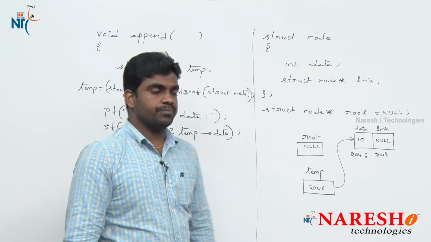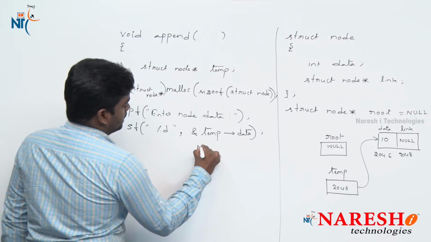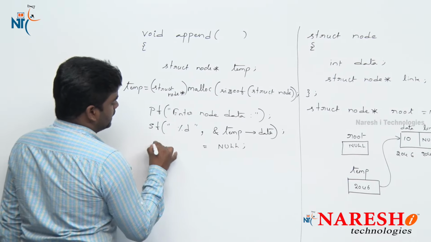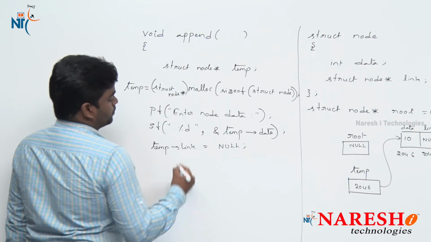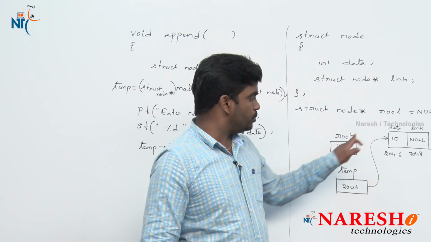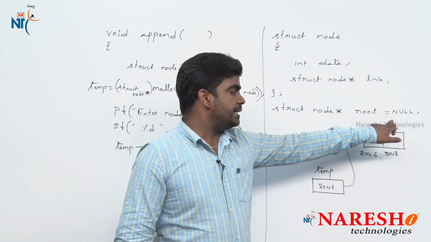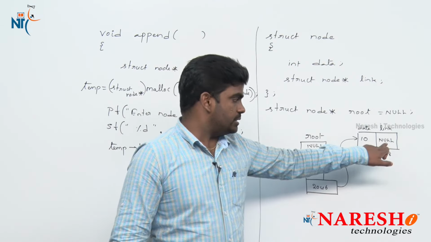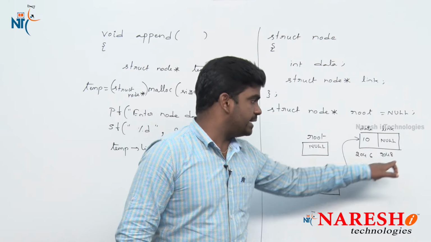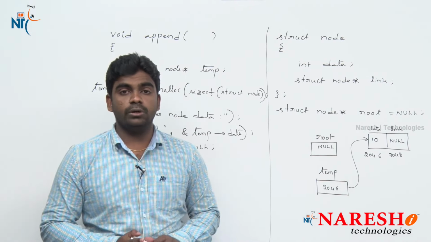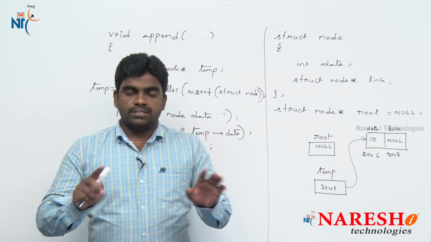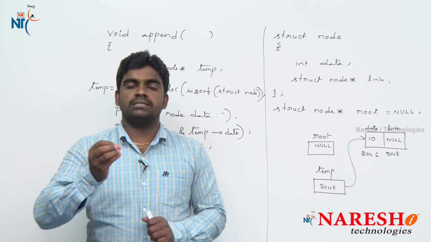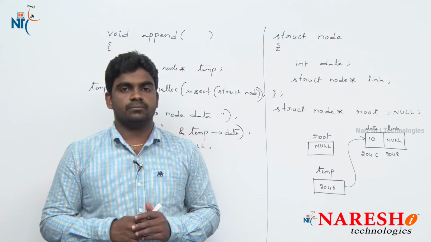So we are directly storing the value null into the temp to link field. Temp to link field value is null. Now the node is completely ready: the memory allocation is done, and the information we need to place inside the node is ready.